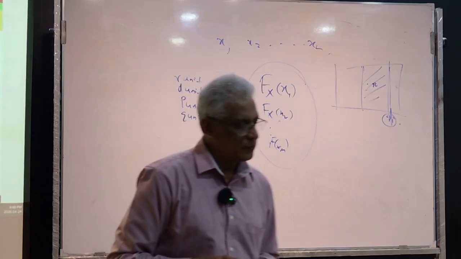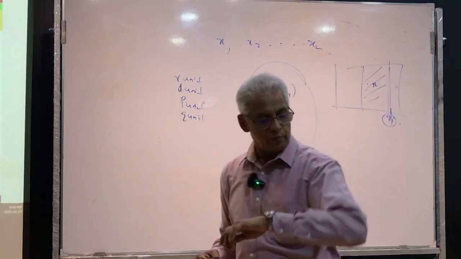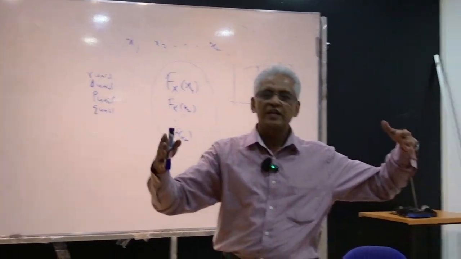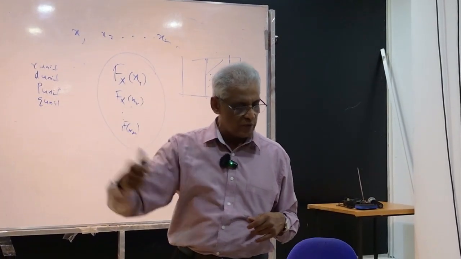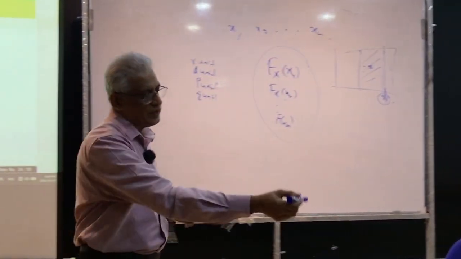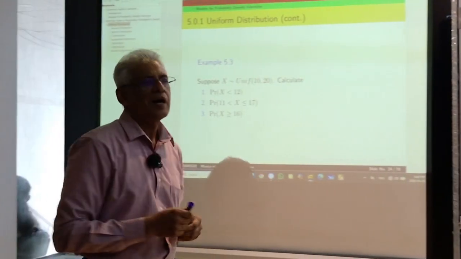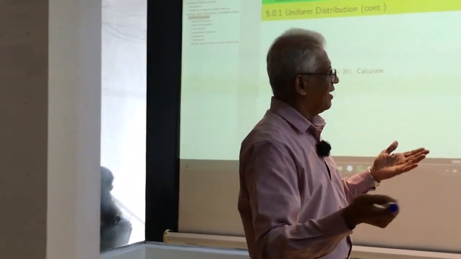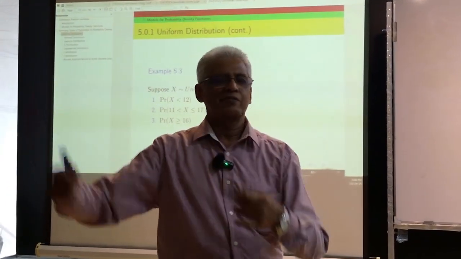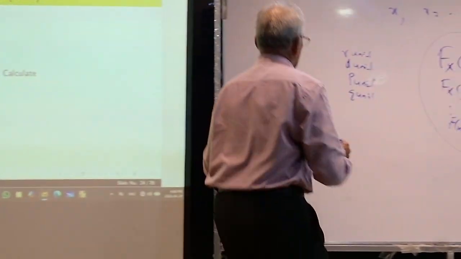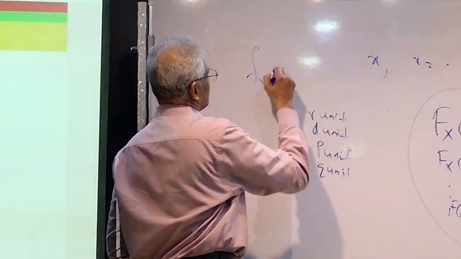Suppose that X has a uniform distribution, that you have decided that the minimum value is 10 and the maximum value is 20, and you want to find out the probability X less than 12. In those days when you did it manually, you first had to find out the density function.